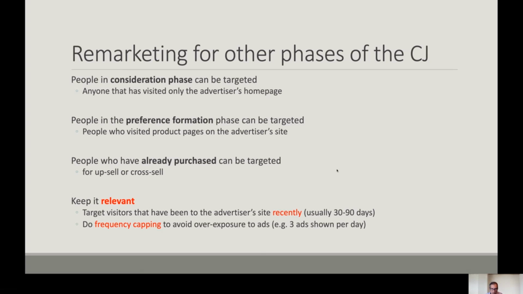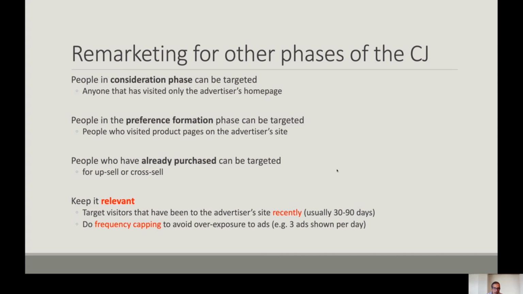So keep it targeted to consumers who have visited your site in the last 1 month or 2 months, maybe even 3 months, right? But as you increase the length of the time frame in which the consumer had visited your site, you are taking an increasing risk that such a consumer may not find your ad to be relevant, okay?